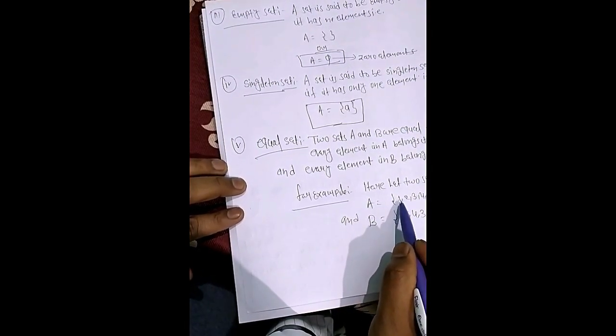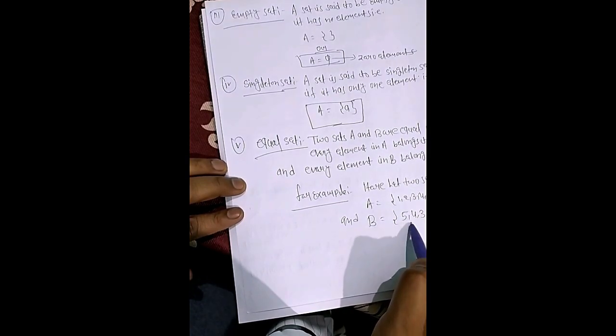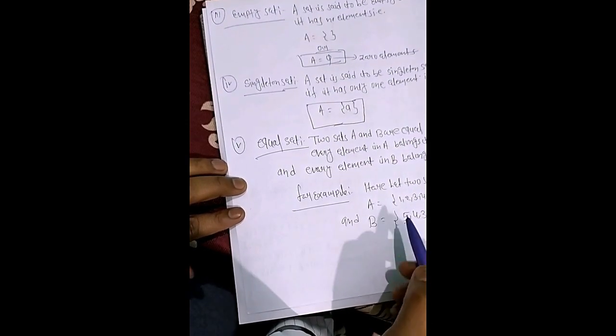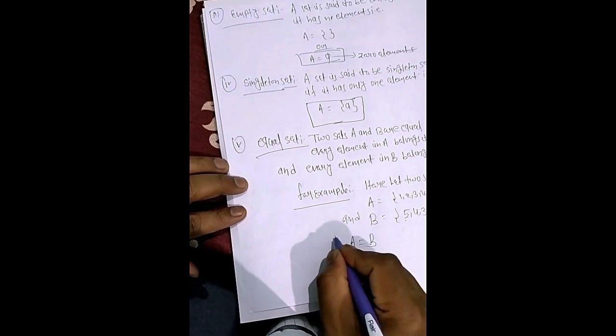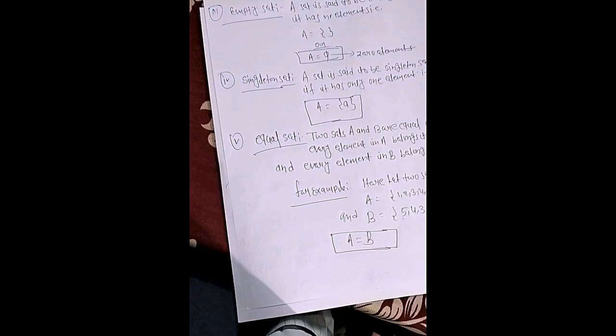Here every element in A is also contained in set B. So set A is equal to B because both sets have the same elements. So it is called equal set.